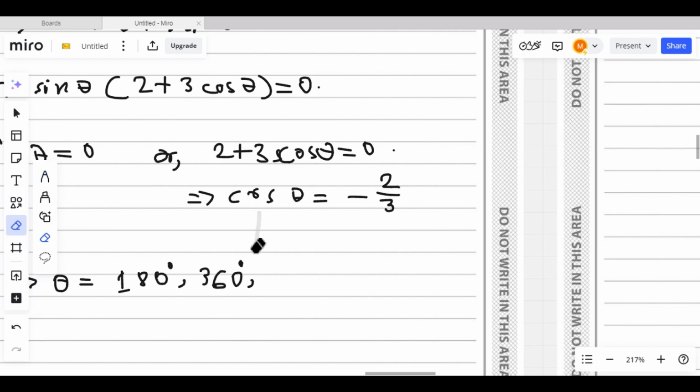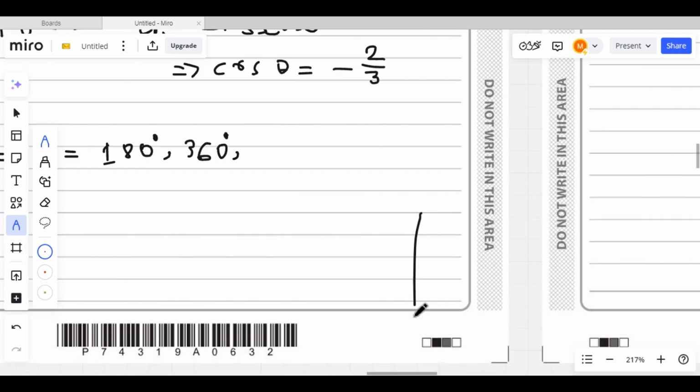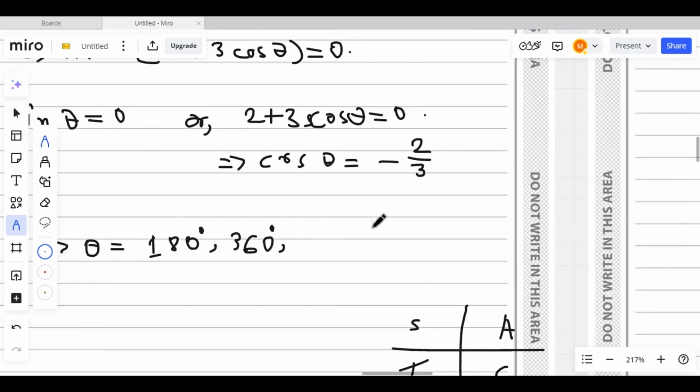Now we will use the cast diagram to figure out the value for theta for that ratio. In the cast diagram, we know that the first quadrant is all positive. In the fourth quadrant, cos theta is positive. Here sin theta and here tan theta. So cos inverse of negative 2 over 3 gives the value 131.8 degrees.